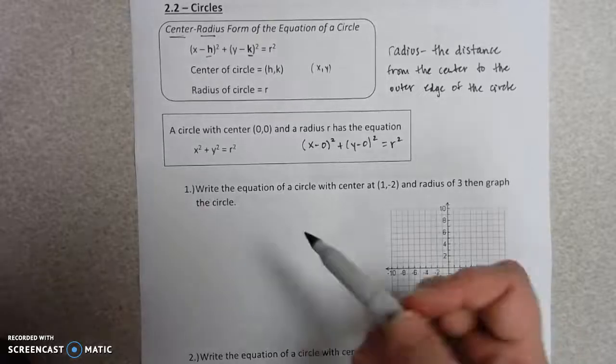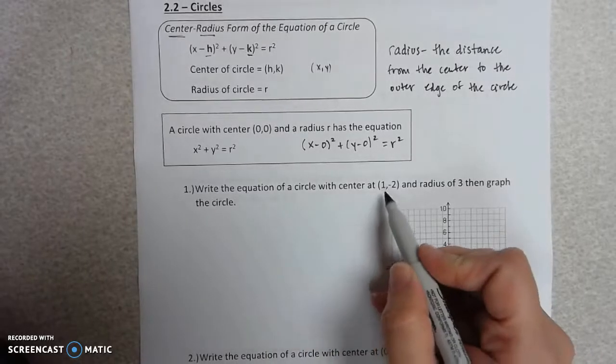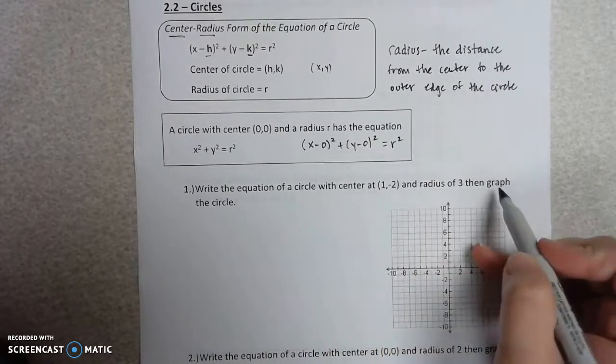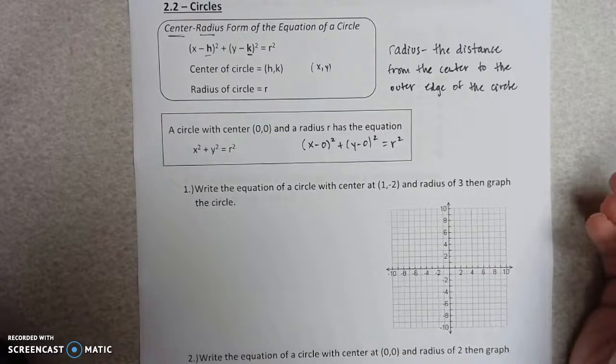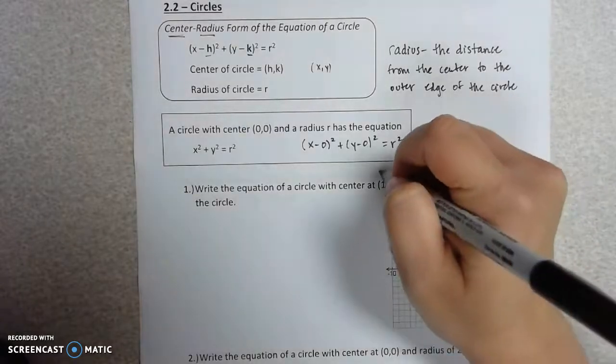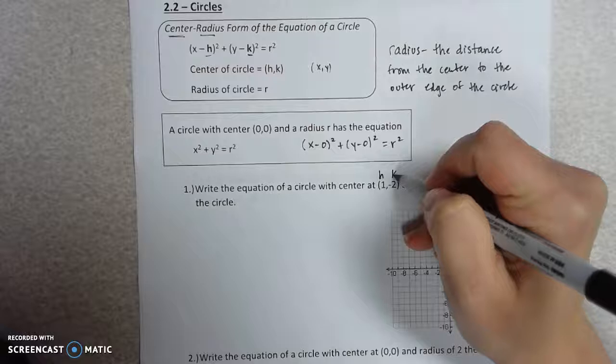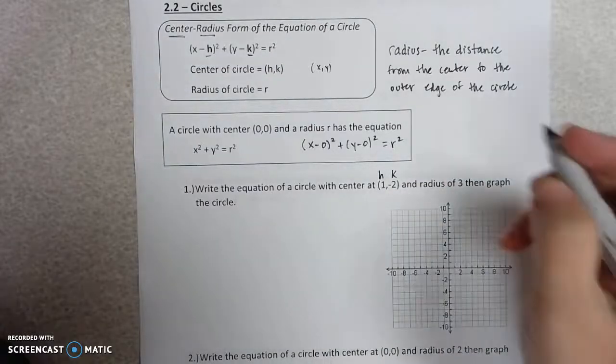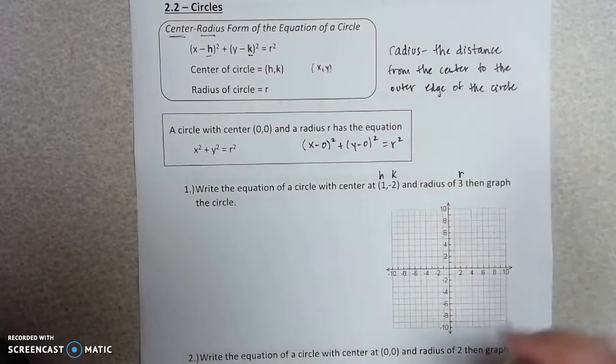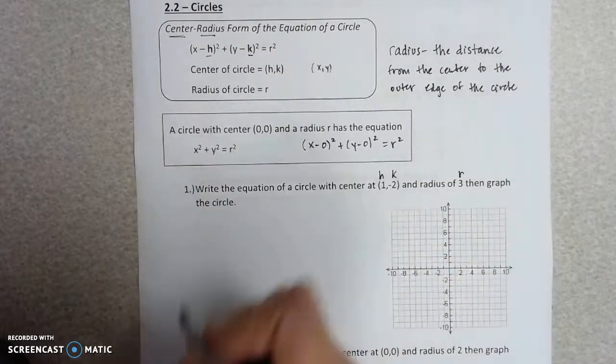Alright, so I want to write the equation of a circle that has a center at 1, negative 2, and a radius of 3, and then I want to graph that circle. So here's my h, which is 1, and then k is negative 2, and then here is r. And I just fill those in to the form up there.